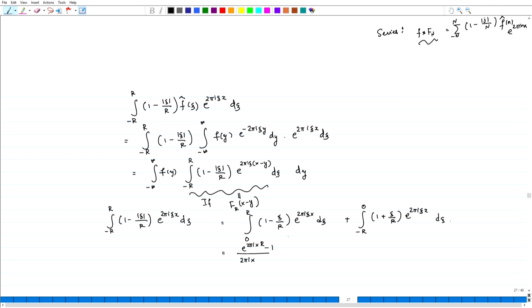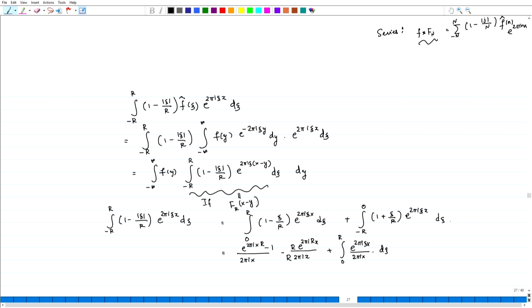Therefore, what we get here is minus r e to the power 2 pi i r x divided by 2 pi i x, and then 1 over r is there, and then plus the integral over 0 to r of e to the power 2 pi i xi x by 2 pi i x into the derivative of this, d xi.